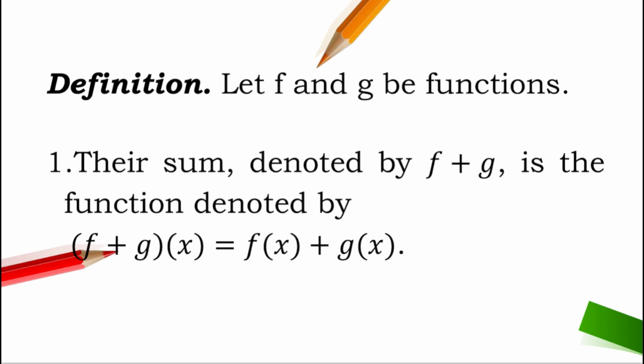Let f and g be functions. Definition number 1: their sum, denoted by f plus g, is the function denoted by the quantity f plus g of x, equal to f of x plus g of x.